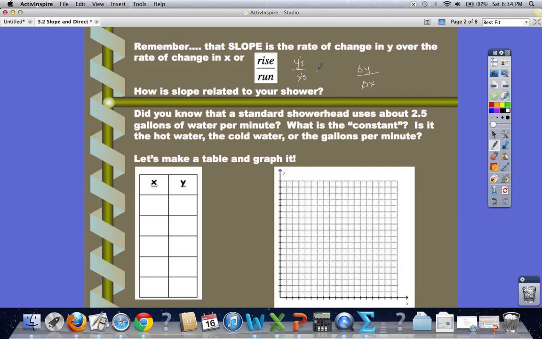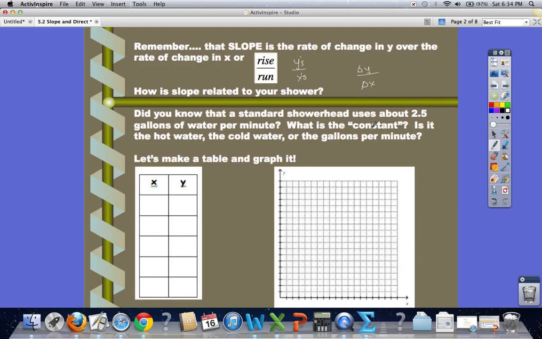Well, how is slope related to your shower? Did you know that a standard shower head uses about 2.5 gallons of water per minute? What is the constant? What is something that never changes in that statement? Is it the hot water, the cold water, or the gallons per minute?